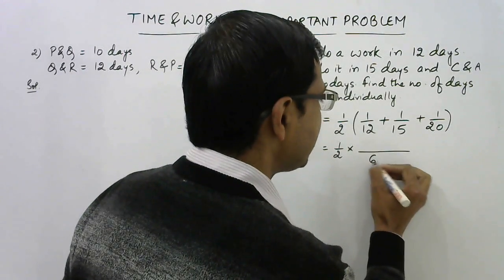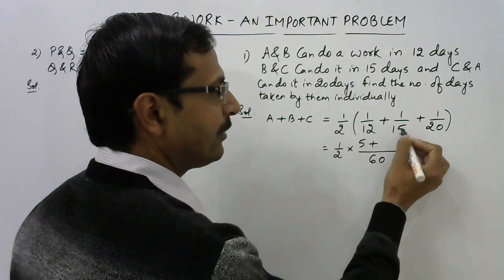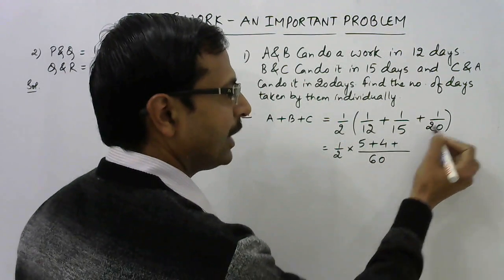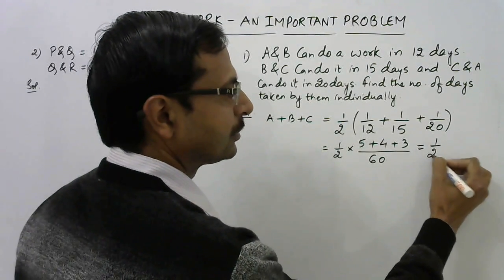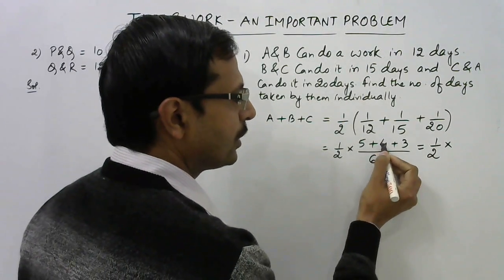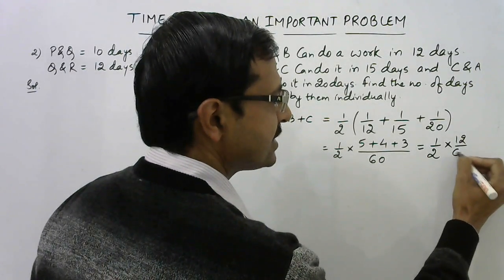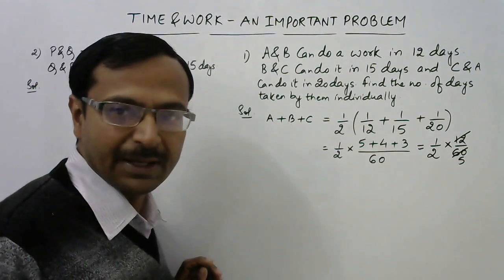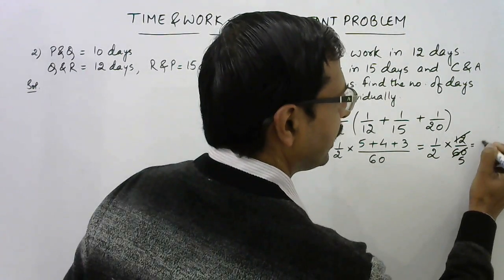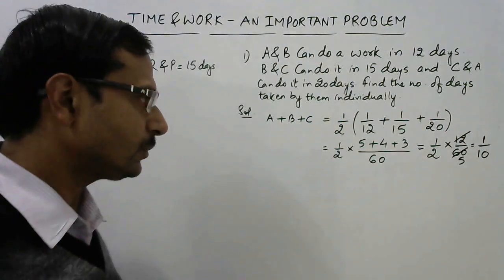So if you take 60 in the denominator, 12 5s are 60, 15 4s are 60, and 20 3s are 60. So this is half of (5 plus 4, 9 plus 3, 12) upon 60. So 12 cancels exactly 5 times, thereby giving you the answer 1 upon 10. Now this is the first step.